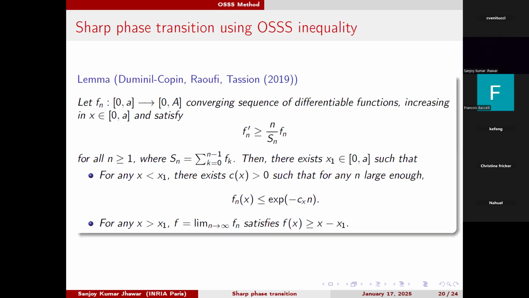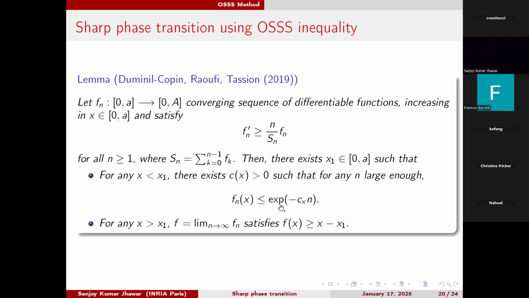So let me state the result. That is, if you have a real valued function from a compact interval to a compact interval, let's say a sequence of functions, and let's say the function satisfies some inequality like this, where the derivative is lower bounded by some constant that depends on n times the function itself, and where S_n is the sum of all the functions from 0 to n minus 1.